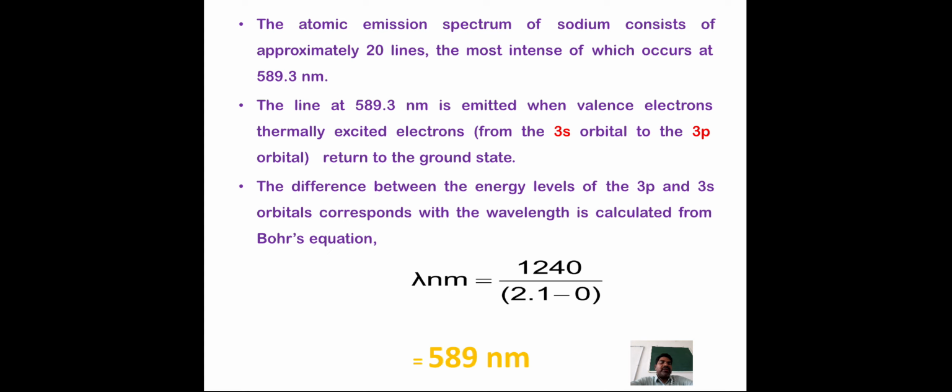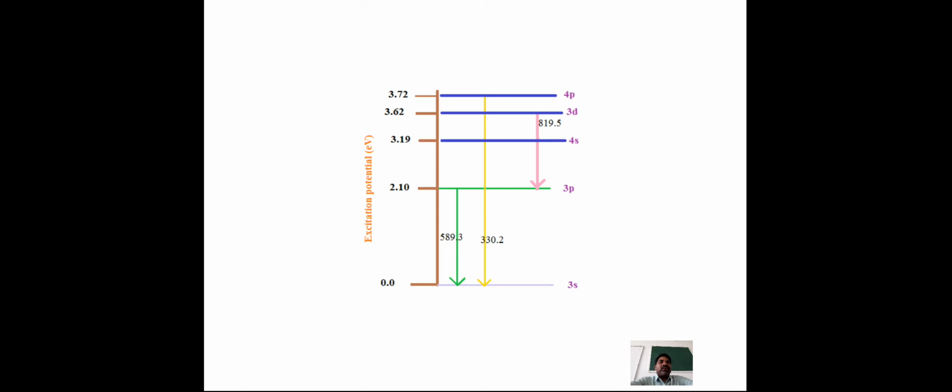Therefore 1240 divided by 2.1 gives the wavelength corresponding to the energy difference between 3s and 3p, which is 589 nanometers. Most of the population of sodium atoms undergo this electronic transition since it is very easy for them. So the 3s to 3p transition is most favorable.